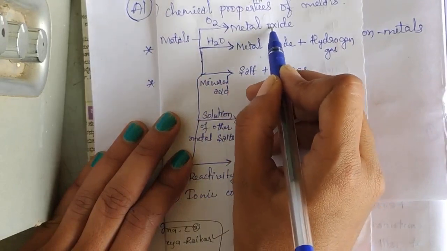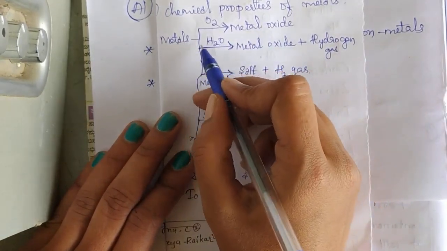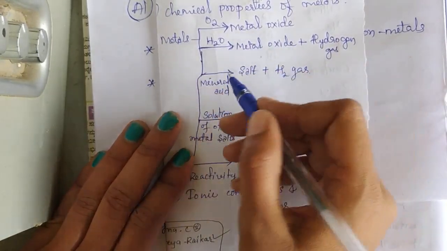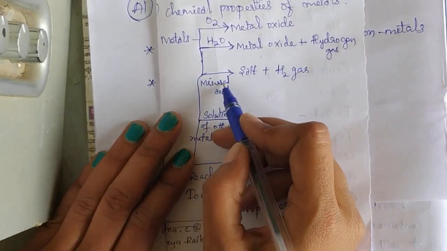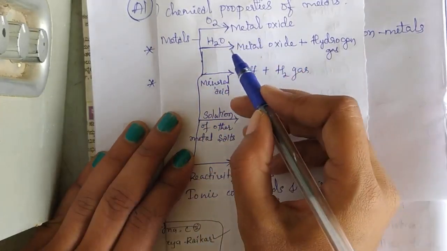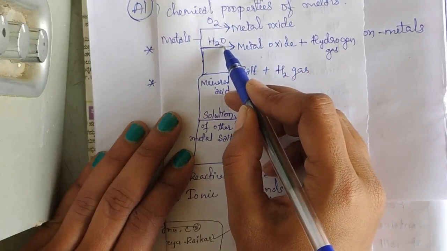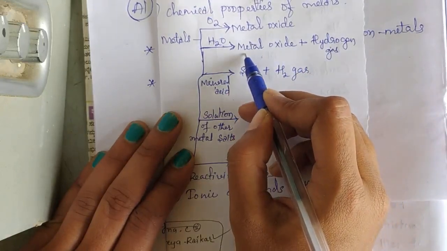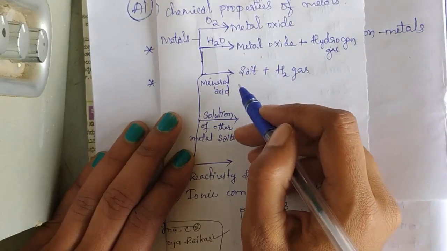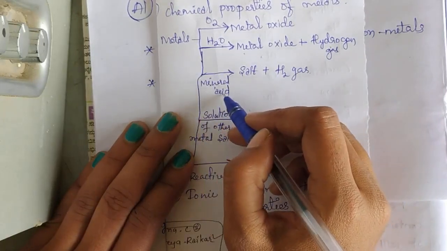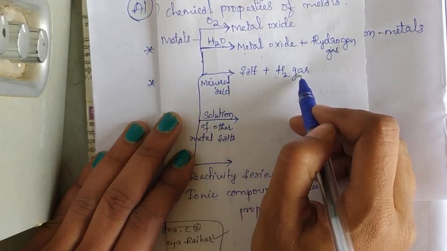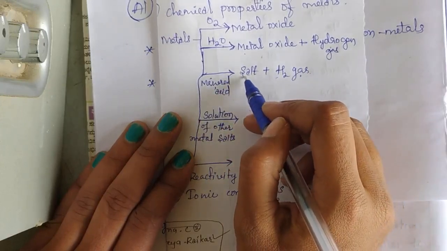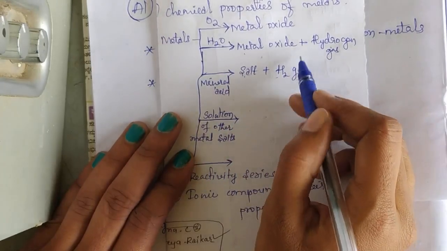Okay, this is one chemical property. And next, when it reacts with water and mineral acid: when it reacts with water, hydrogen gas is evolved along with formation of metal oxide. Okay, and when a metal reacts with mineral acid, hydrogen gas is evolved along with the formation of metal salt. Okay, these two are very important.